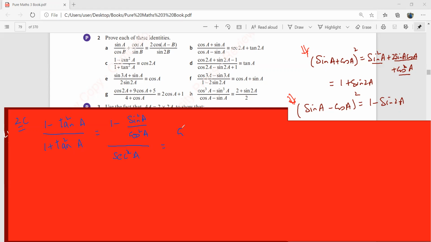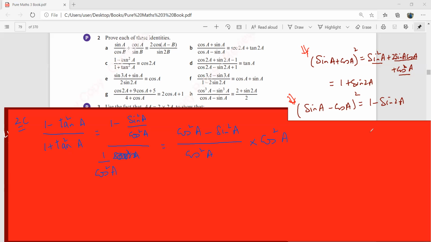This becomes (cos²A − sin²A) over cos²A. Now this sec²A means 1 over cos²A. Understood this step? This sec²A over here is actually 1 over cos²A.